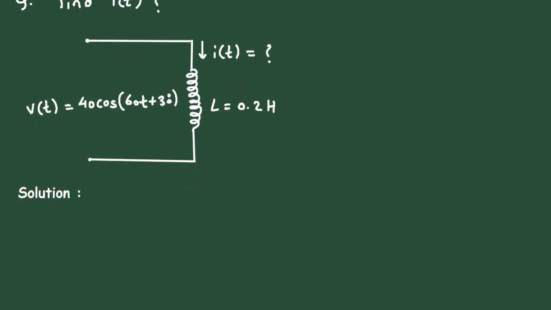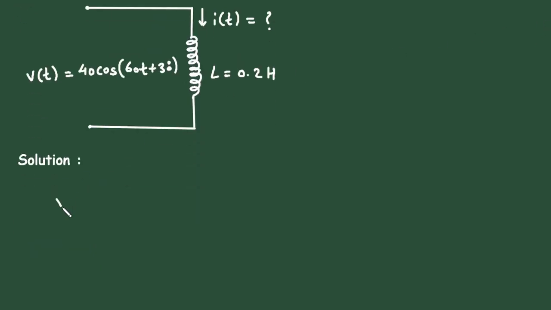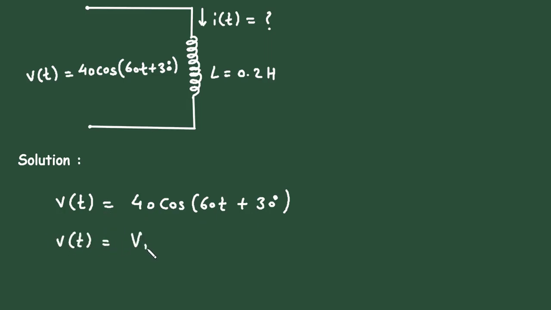Solution: first of all, we will write what is given. So V of t is given. V of t is equal to 40 cos 60t plus 30 degree. Now first of all, what we will do? We will compare this with standard equation. So V of t is equal to Vm cos omega t plus phi.